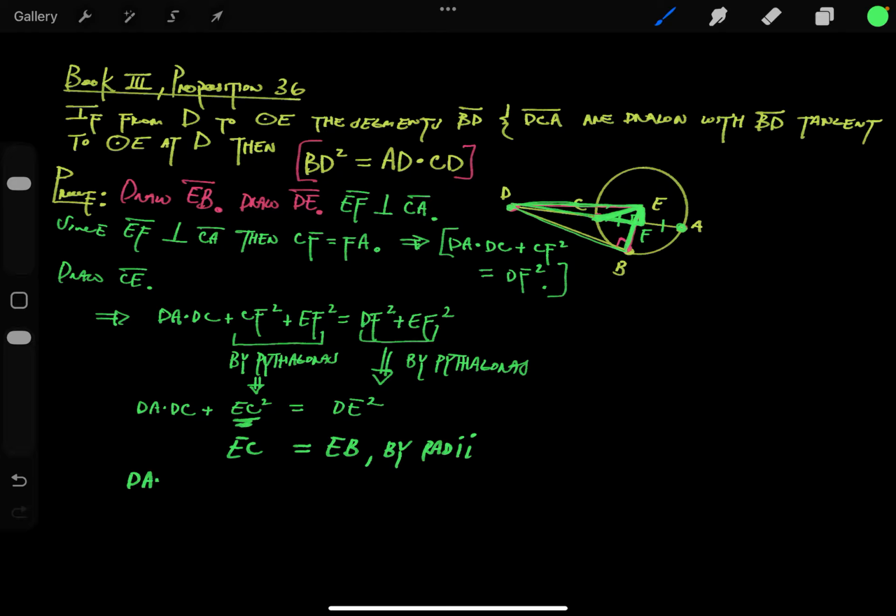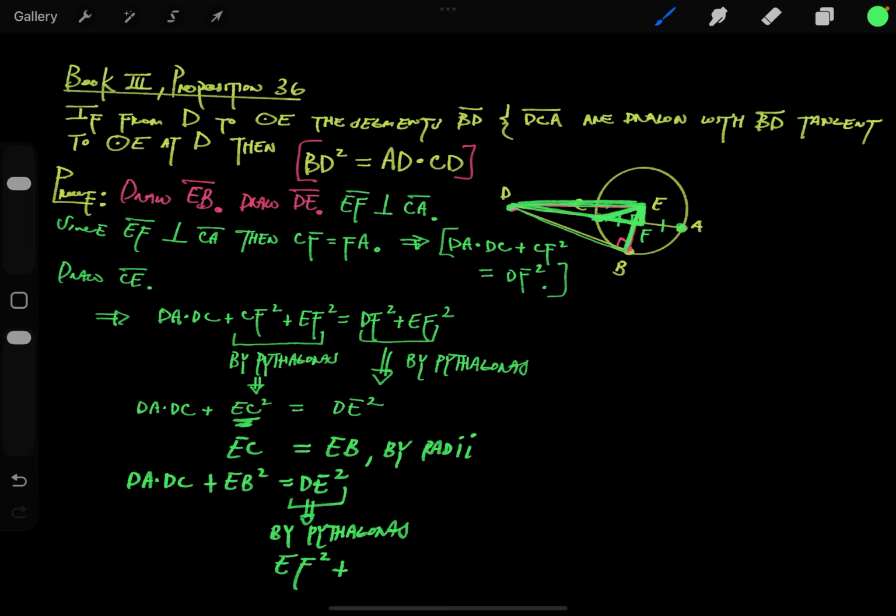So it's DA times DC plus EB squared is equal to DE squared. But again, by Pythagoras, now going using the hypotenuse, DE squared, so this length squared, is equal to EF squared plus DF squared.